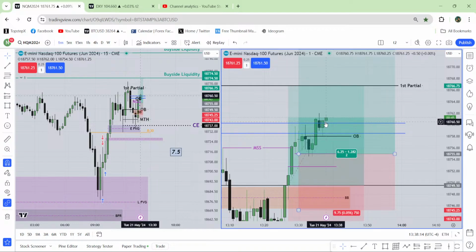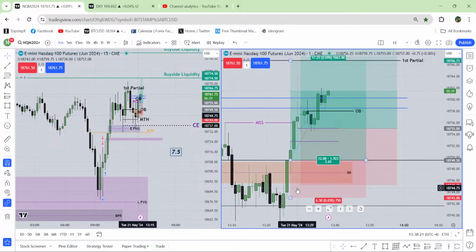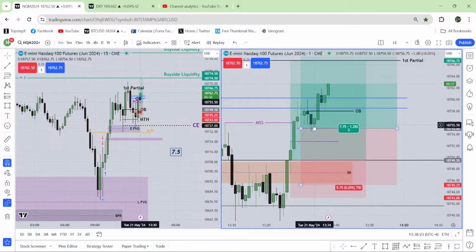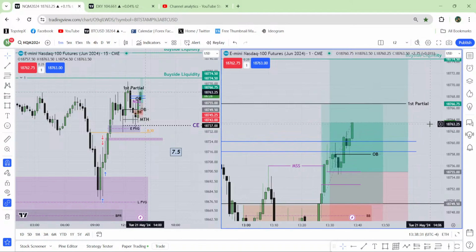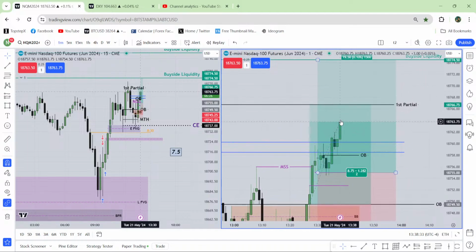It's a good sign for me, and I start to believe that my target is going to hit. In this type of situation, I put my stop loss at break even, something like that. And I love this speed. See, this type of speed should happen after trading this order block. Speed is expected.